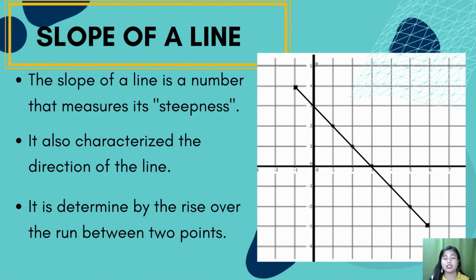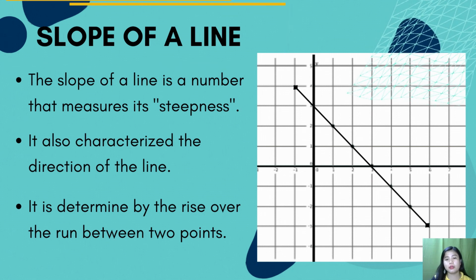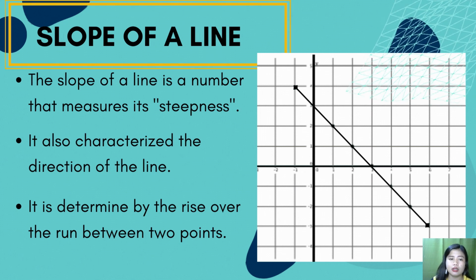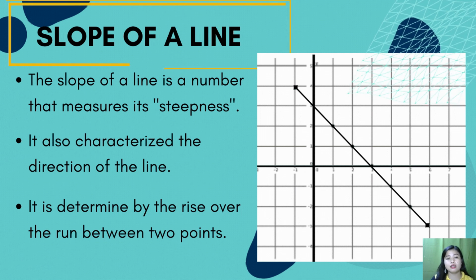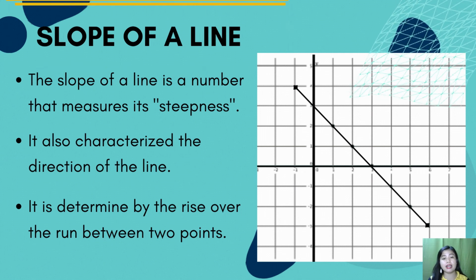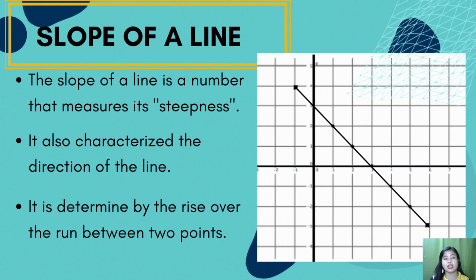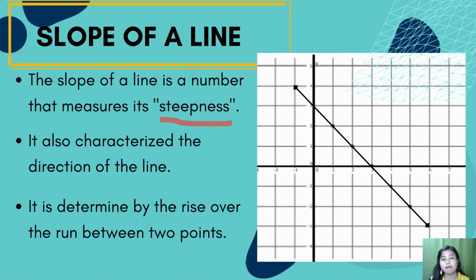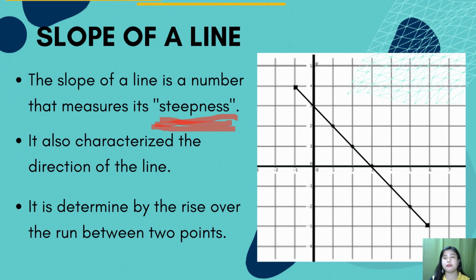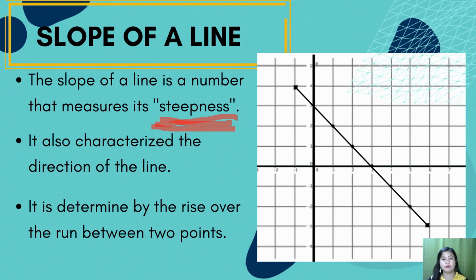If the line is a straight line, we can directly get the slope of the line. But before that, what do we mean by the slope of a line? The slope of a line is a number that measures its steepness, like a mountain, how steep it is.